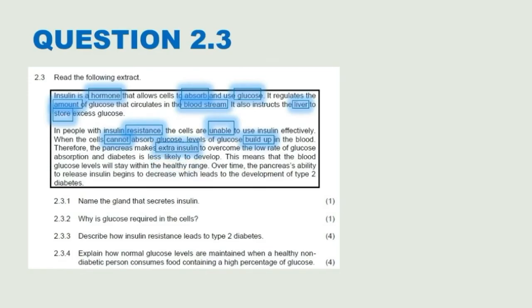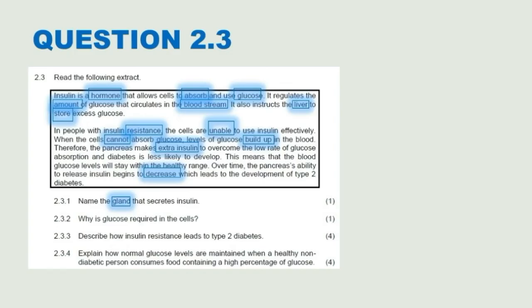Therefore the pancreas will actually make extra insulin to overcome the low rate of glucose that's absorbed, and diabetes is less likely to develop. So this means that the blood glucose level will stay within a healthy range because of the excess insulin that's secreted. Over time, the pancreas' ability to release insulin actually starts to decrease, which leads to the development of type 2 diabetes.